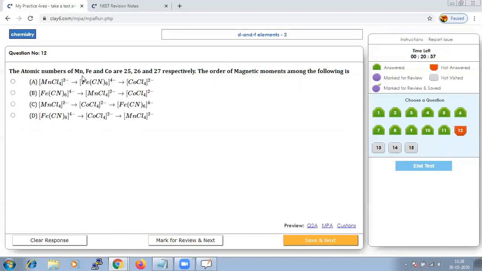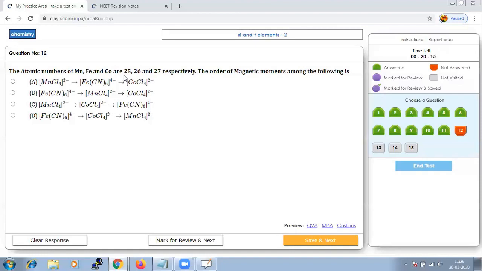The atomic numbers of manganese, iron and cobalt are given, along with the order of magnetic moment. For each one, we just need to calculate the magnetic moment. It is very simple to find based on unpaired electrons.